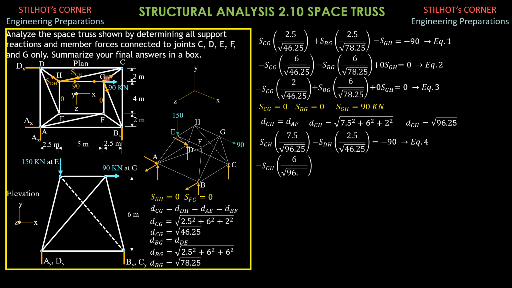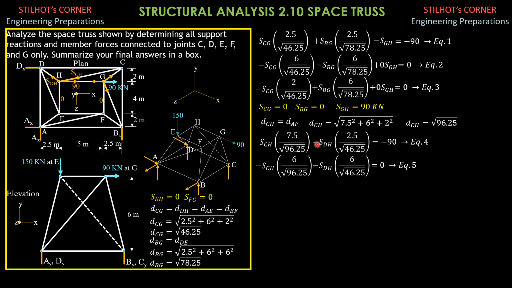So negative SCH times 6 over square root of 96.25. CH is going down because we begin at H. SDH is going down also because this is the top point. So minus SDH times 6 over square root of 46.25 equals 0, equation 5.